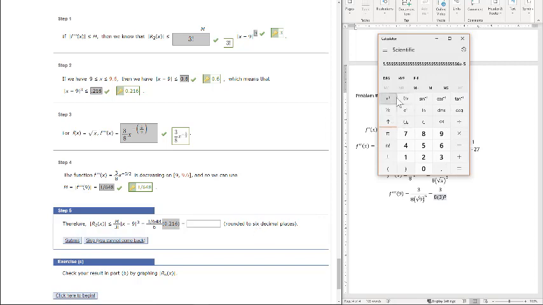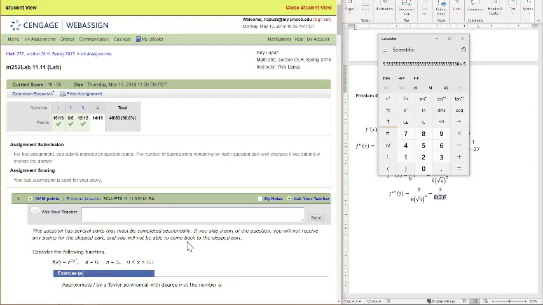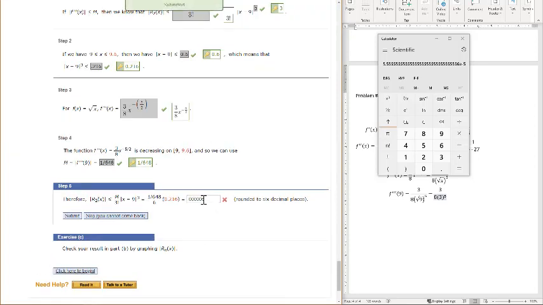We want to round off to 6 decimal places, so how many steps here? 1, 2, 3, 4, 5, and then a 5. That's 6 decimal places. I suppose this is going to round up to 6. Oh, I may have gotten too many zeros here, or not enough zeros.